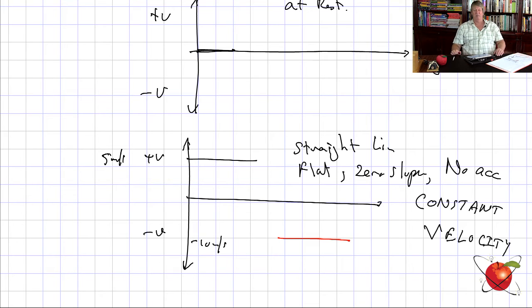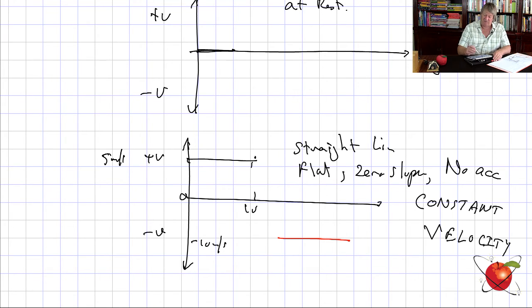Okay? Let's think about it. My velocity at time 0 and at time 10 is the same. You see, you just go back to the curve and read it off. What's happening to me? At 0 time, I'm traveling at 5. At 10, I'm still traveling at 5, which means I'm traveling at a constant velocity.